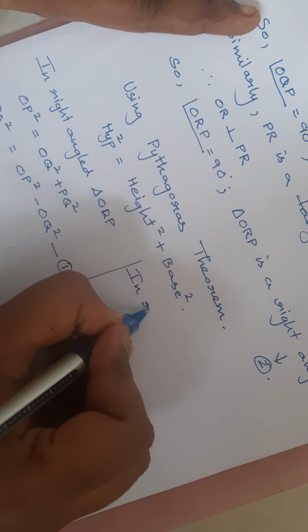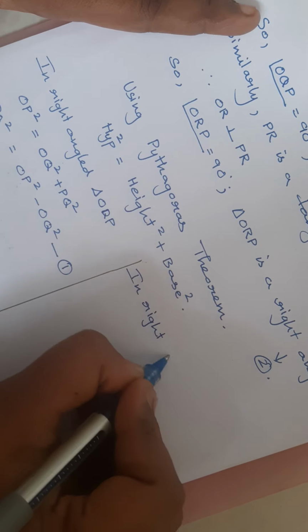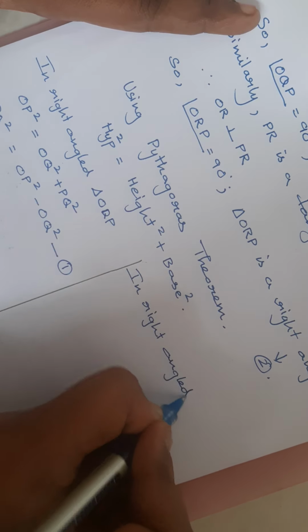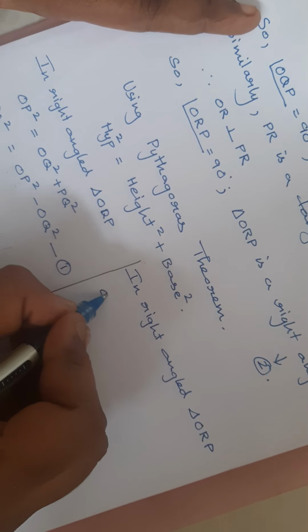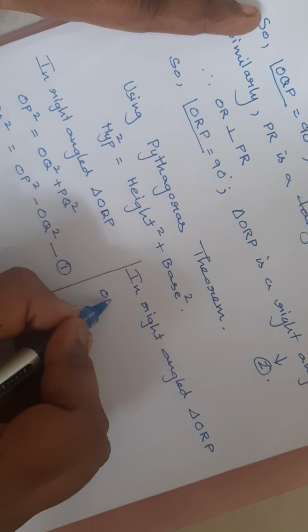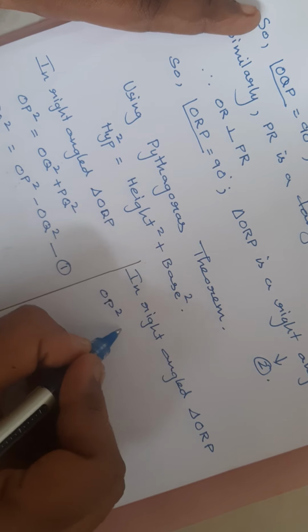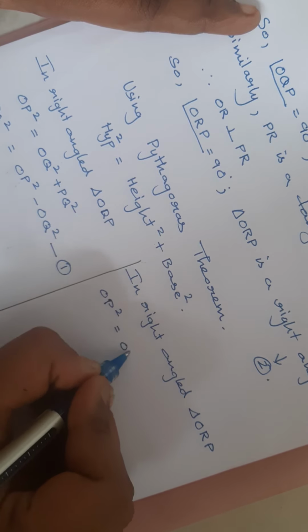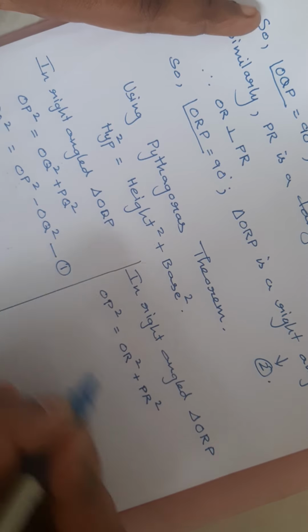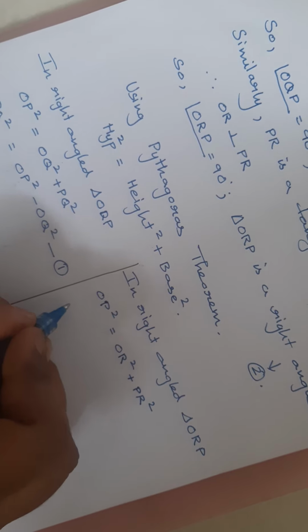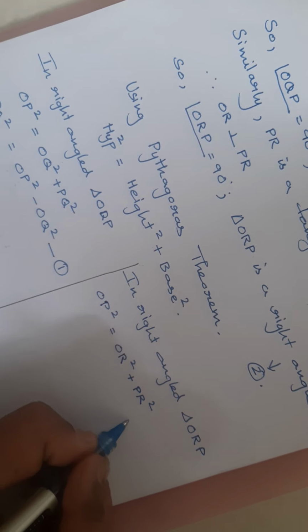In right angled triangle ORP, OP square equals OR square plus PR square.